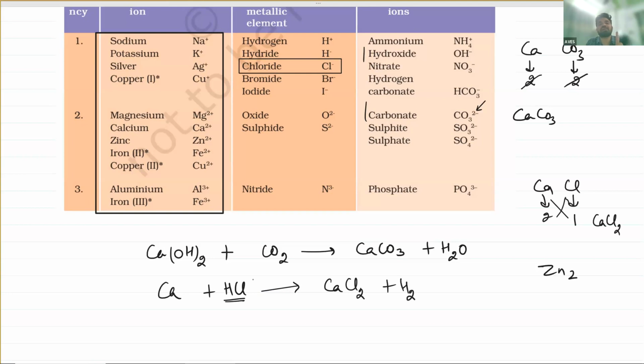Hydrogen gas exists in the form of H2. You have to memorize this as you keep learning chemistry. This is only the first or second day of chemistry. It's like being selected for a job at a company: you don't learn all the rules and regulations on the first or second day.